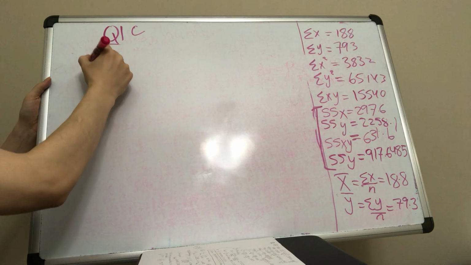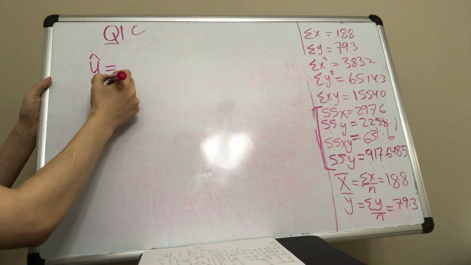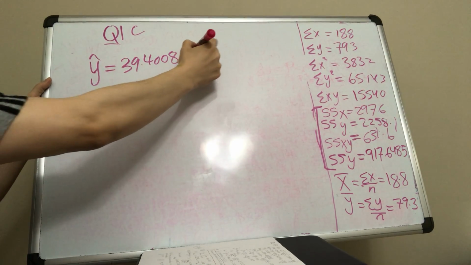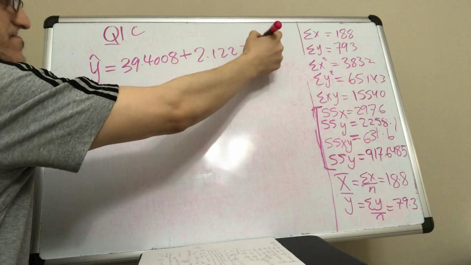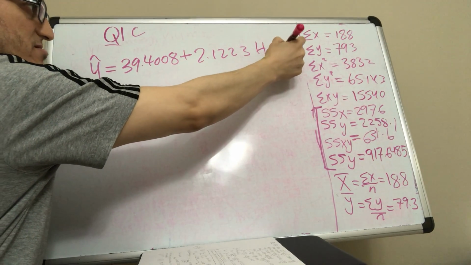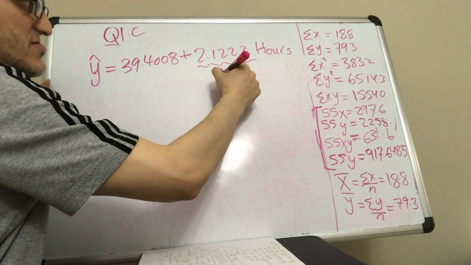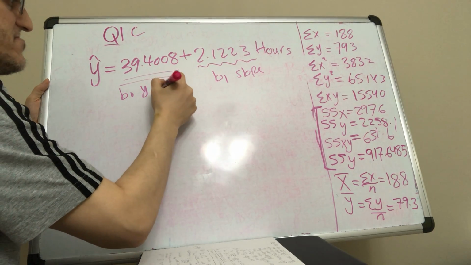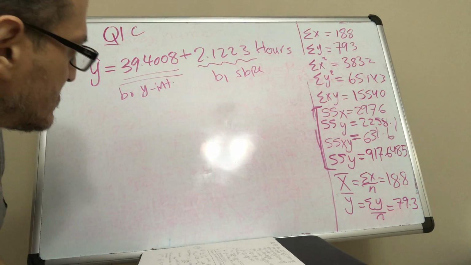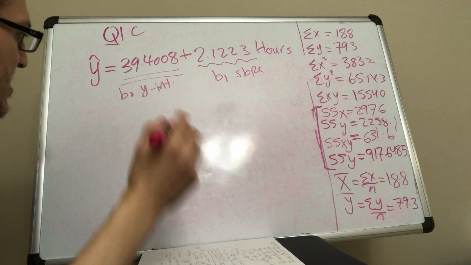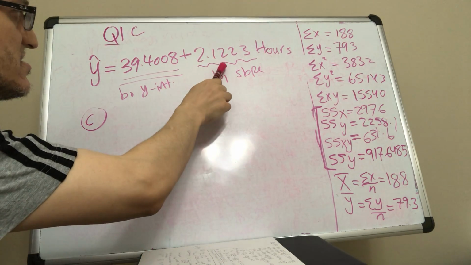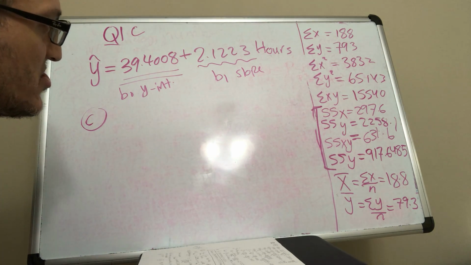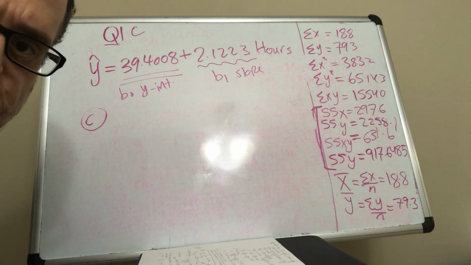Remember when we found the relationship, the y hat, and it was 39 plus 2.1223 hours, and this is B1 the slope, and this is B0 the y-intercept. In the C question, they're asking you, does the sign of the slope make sense? Well, you look at the sign of the slope, you see it's positive.